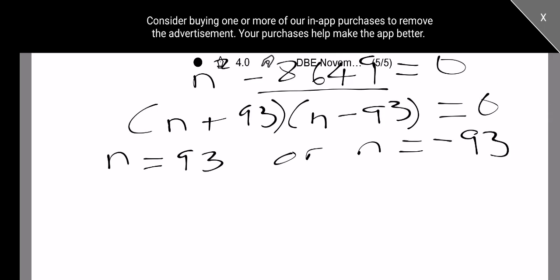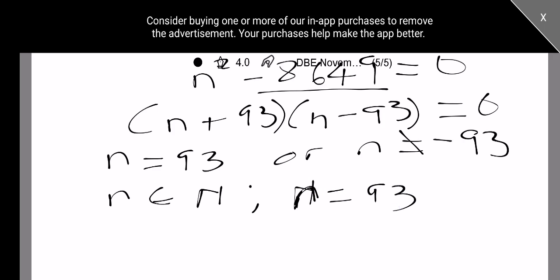Remember, these are patterns. N has to be an element of the natural numbers. It cannot be negative. N starts from 1 to infinity. Therefore, n equals 93.